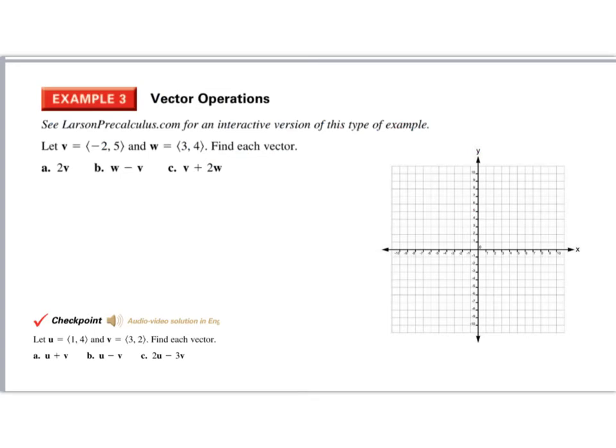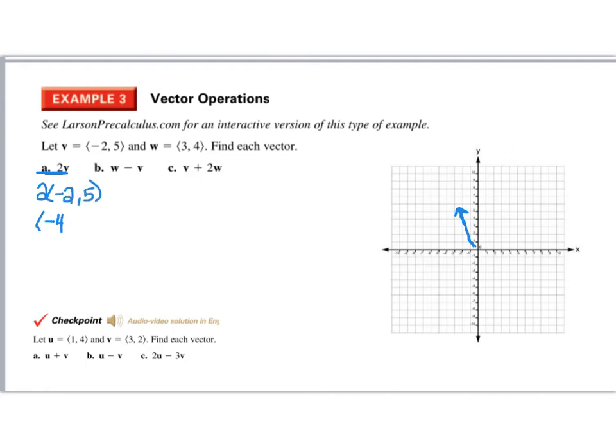Okay, let's go on to scalar multiplication. We're going to do a in blue. If we look at where a would be, it would be at (-2, 5). So this would be a, and if we do a scalar multiplication on that, we're just going to multiply it by 2.